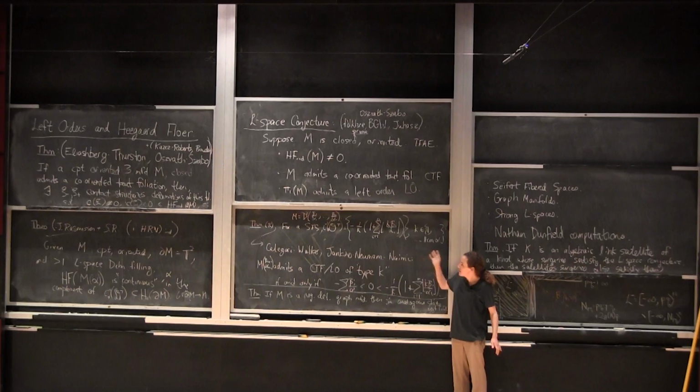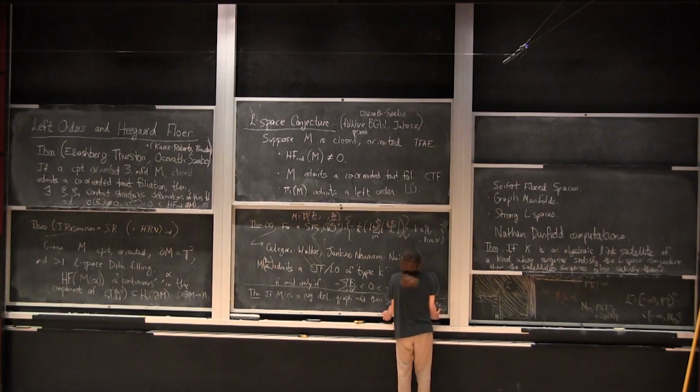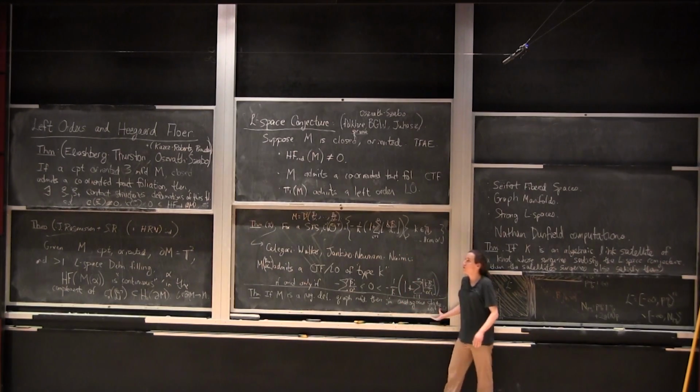But that still is a very special case. The Seifert fibered case and the graph manifold case are ones where we sort of get the taut foliation directly from the left order and vice versa. So what happens when we're in a more general case?